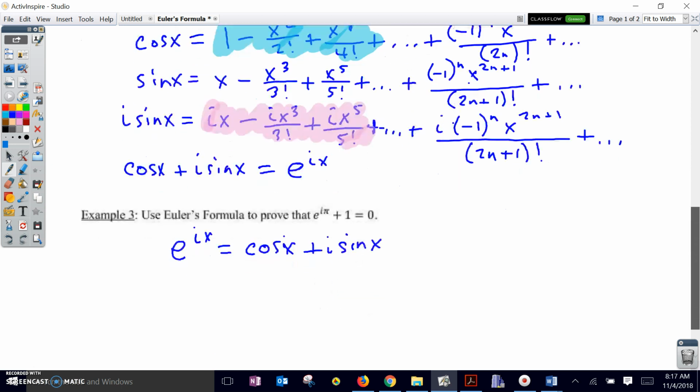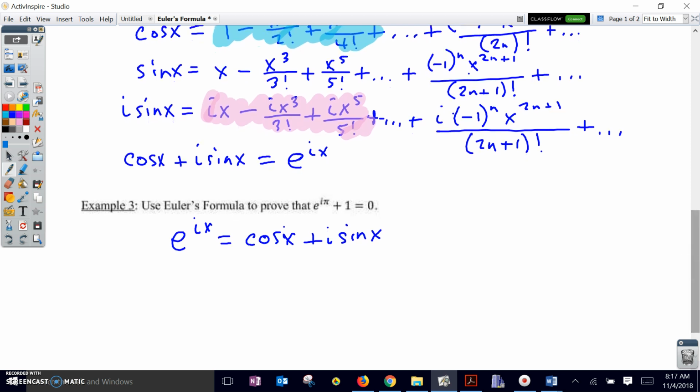And so e to the i pi, let's show it this way, e to the i pi plus 1 is equal to cosine of pi plus i sine of pi plus 1.